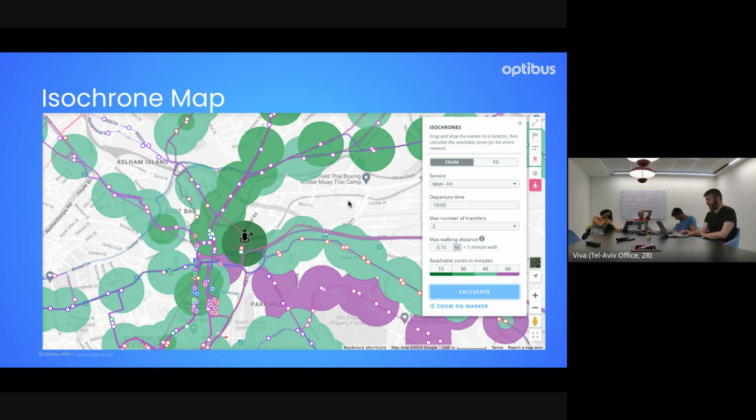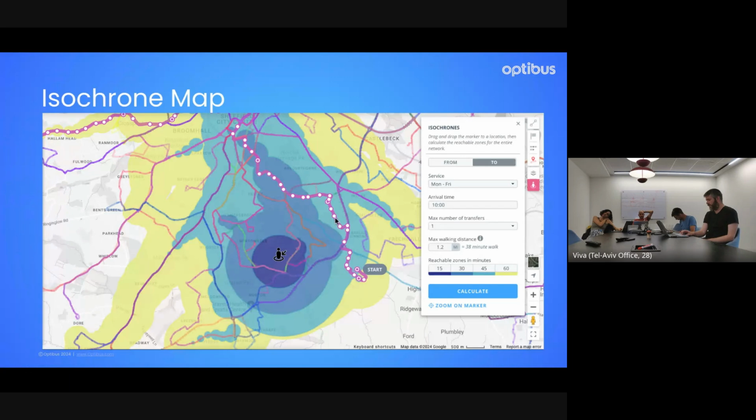And here is another example where I just changed several parameters. I changed the position, and also changed it from "from" to "to". I can ask the opposite question: I want to come to this place at 10 o'clock. How much time will it take me to come from places in the city to this position?